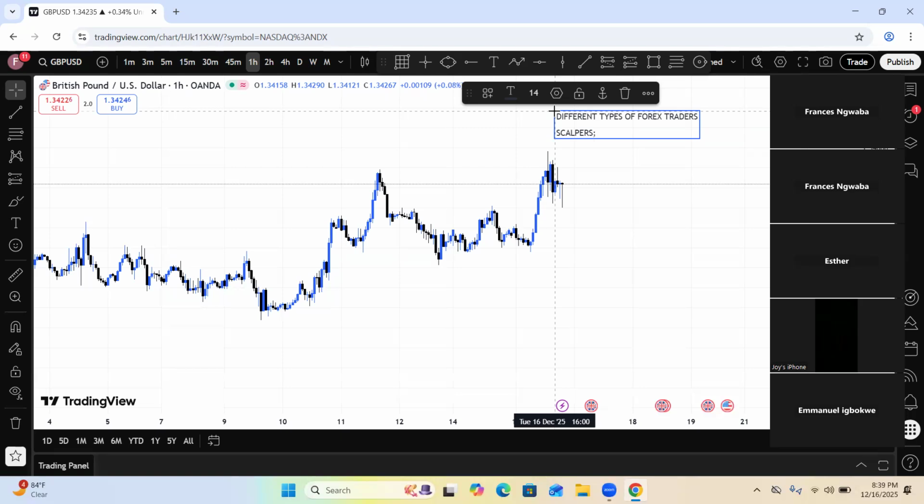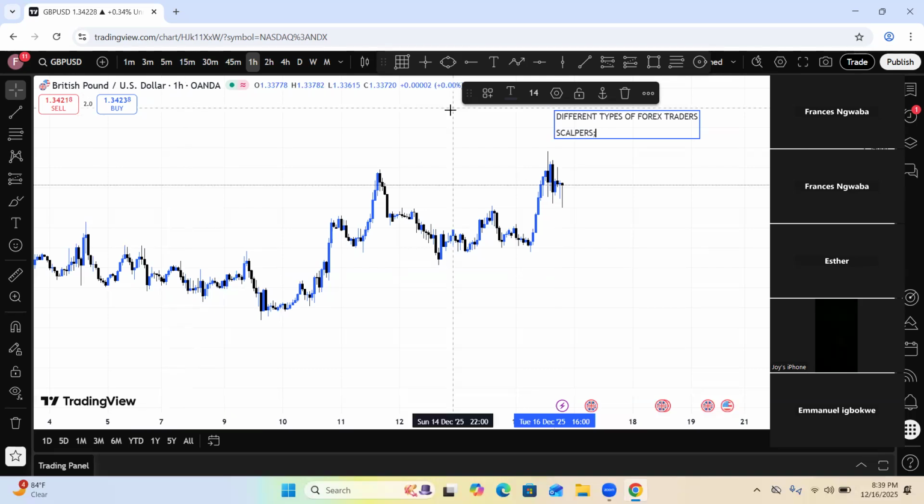These people, scalpers, are basically known for the 1 minute time frame. I don't know if I explained time frame in the first class. I just spoke briefly on it, but when I talk about how to use the TradingView tool, I'm going to dive more into time frames.